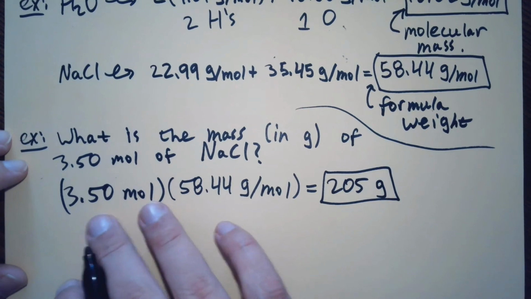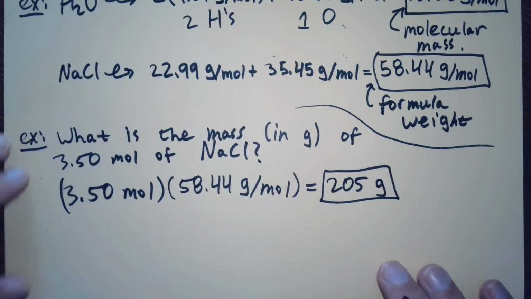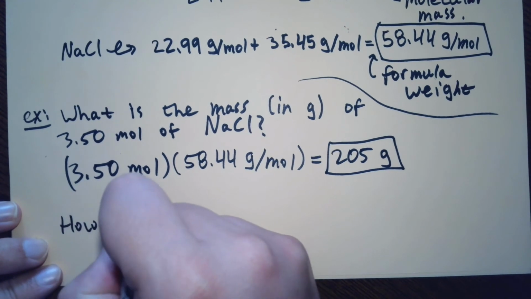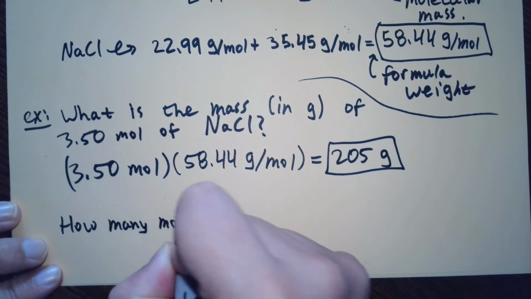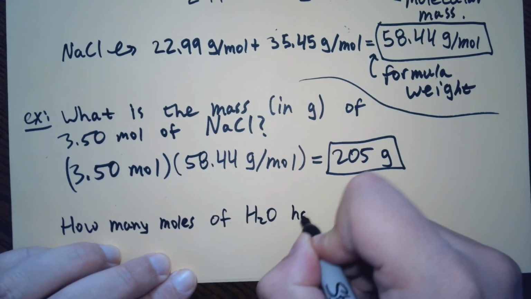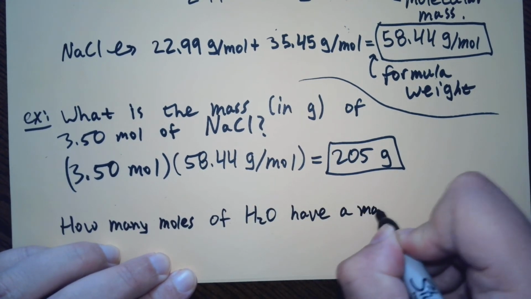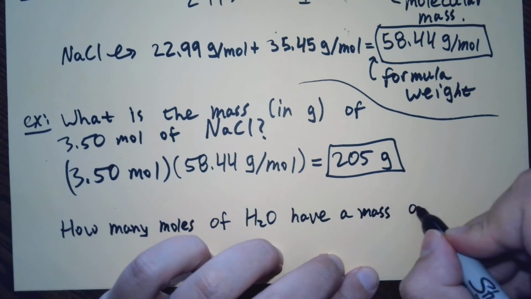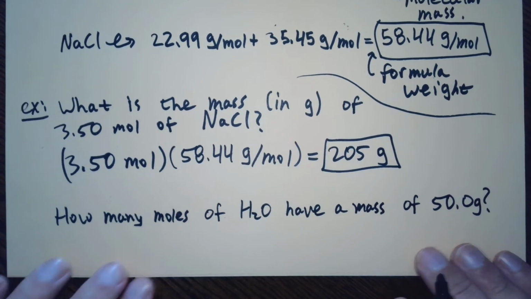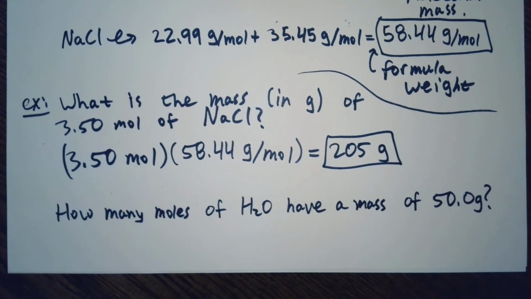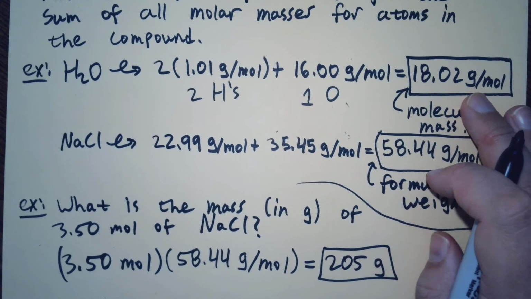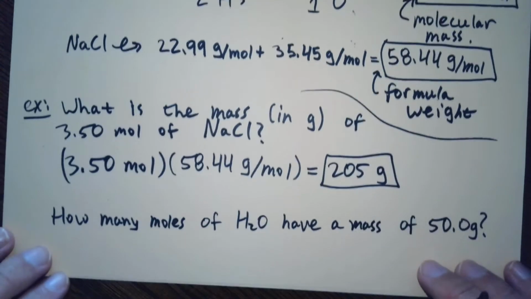And just like before, we can go moles to grams. We can also go grams to moles. So we could ask something like, how many moles of H2O have a mass of 50.0 grams? What do we do? Well, we've already calculated our molar mass, so that step is taken care of.